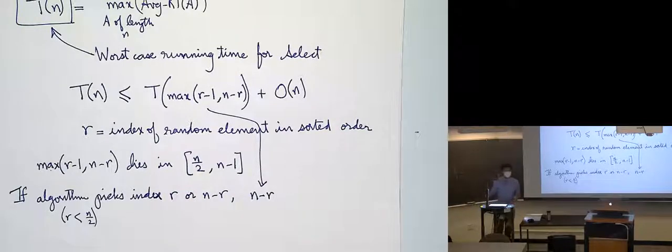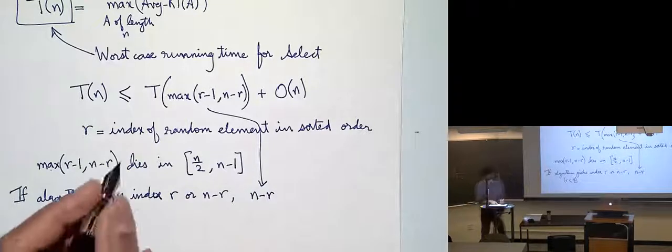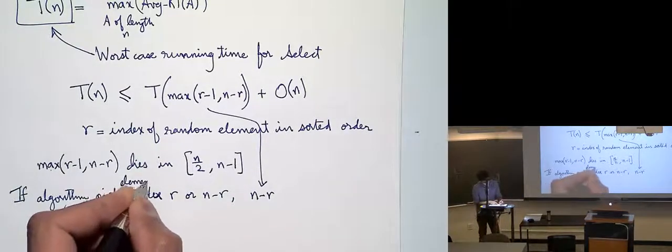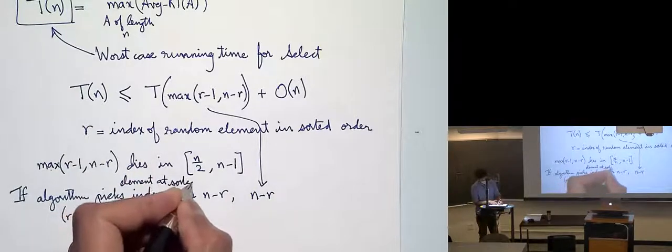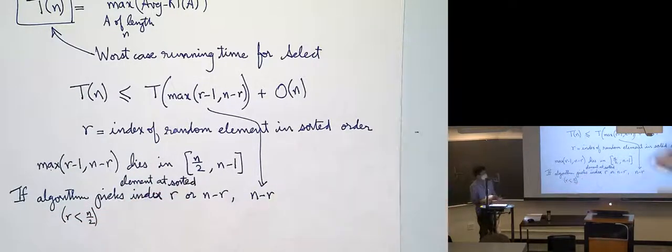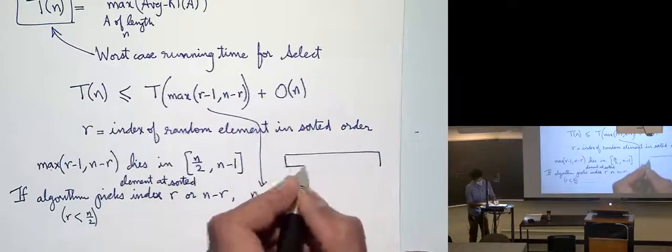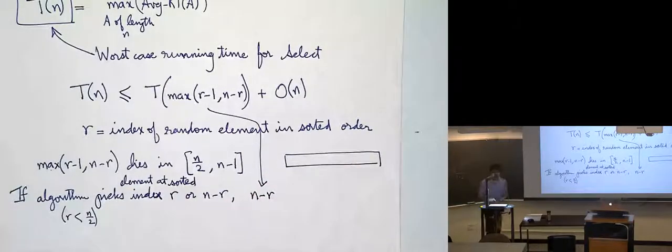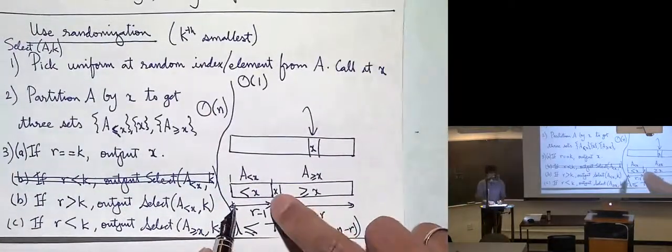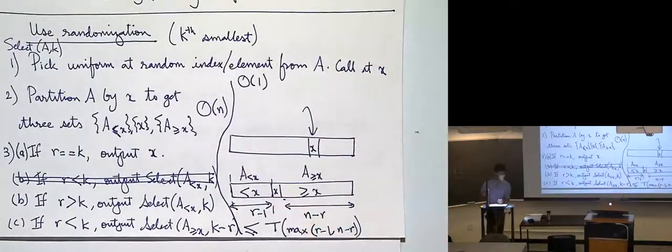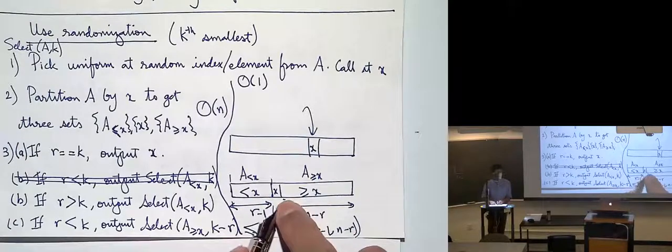The larger half, if it picks the rth smallest or the rth largest element, at sorted index R or n minus R. So let's go back to this picture. There is exactly one way in which the part to the left is of size R minus 1, which is if it picked the rth one.